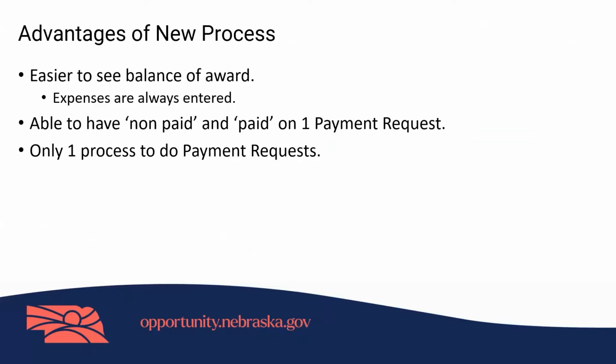So you could add expenses where you paid and have not paid the vendor, for example. And a big reason why is so now you only have to learn one process of how to do payment requests instead of 2. And you won't have to so much look to see what kind of payment request you did last time. So I think it'll just be easier to learn one process going forward.